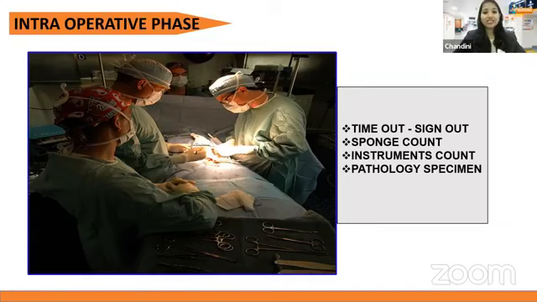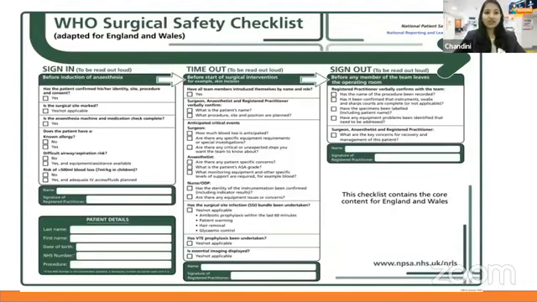I want to make you all understand IPSG goal number 4, the surgical safety checklist. As per WHO, the surgical safety checklist consists of three components: sign in, time out, and sign out. Sign in is announced in the OT when the patient is shifted to the OT table.